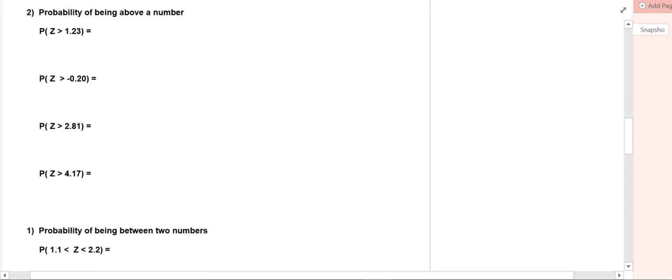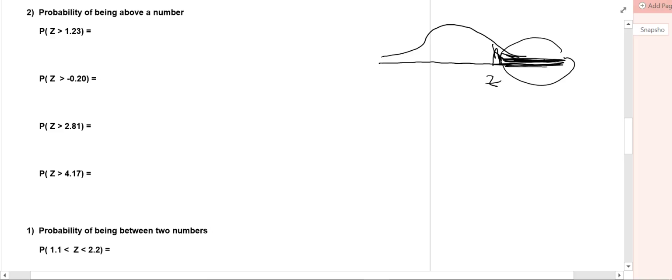The probability we're above a number. And so I'm not going to do this for each one, but you can always draw yourself a nice little picture here. Okay, this is the scenario. We want to be above a particular number. So we're looking for this area or this probability, right? Well, if you think about it, this area here is opposite this area right here, correct?